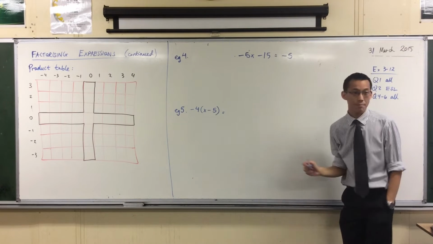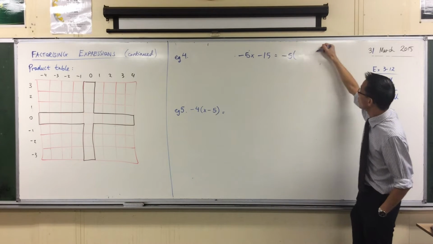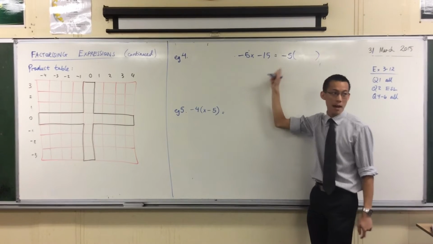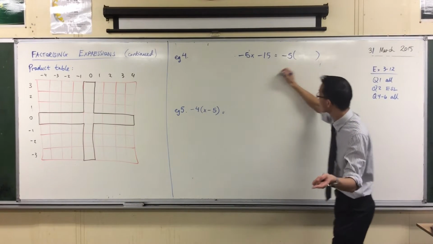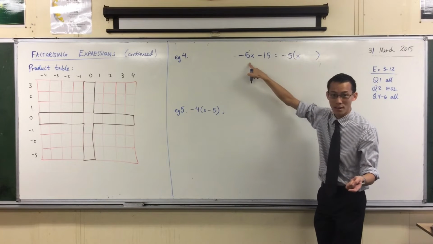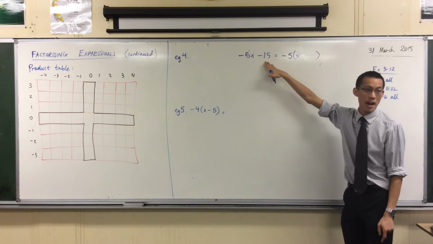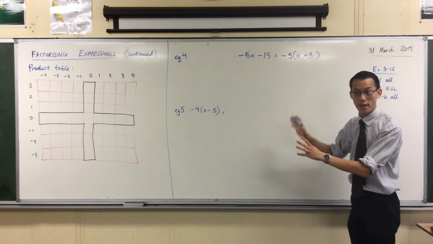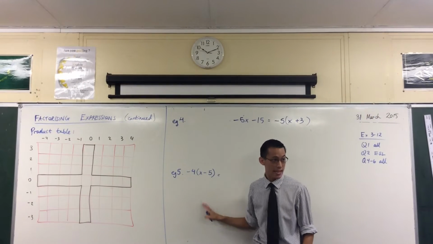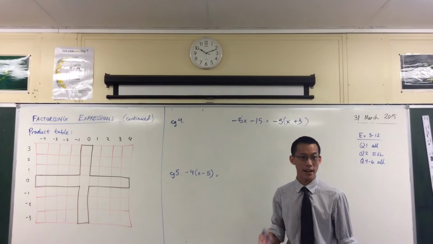So I do that, and now I'll divide each of these terms by -5. When you divide this by -5, you're just left with an x. And when I divide this by -5, you have the +3, which is what we started with.